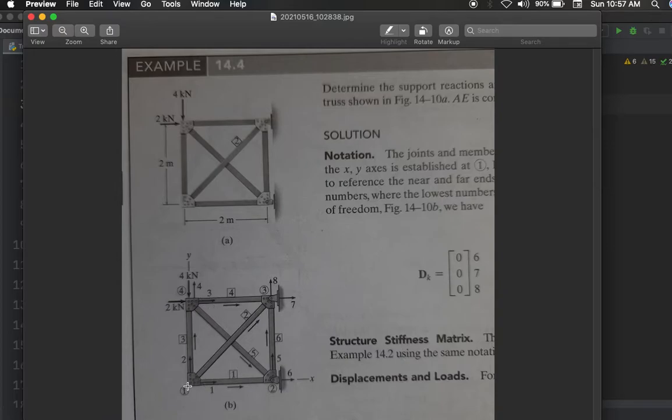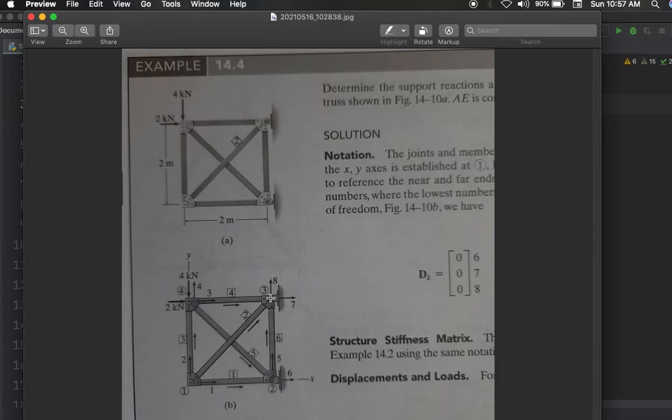For example, here I am numbering degrees of freedom 1, 2, 3, 4, and 5, 6. You see that 1, 2, 3, 4 are free joints. They are not having any support. There is no roller or pin support here. So these lower numbers 1, 2, 3, 4 are lower than 7, 8. 7, 8 are the restrained degrees of freedom.